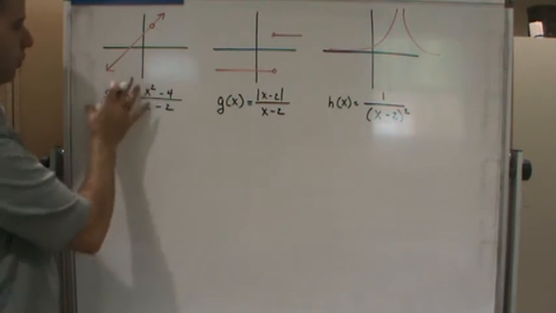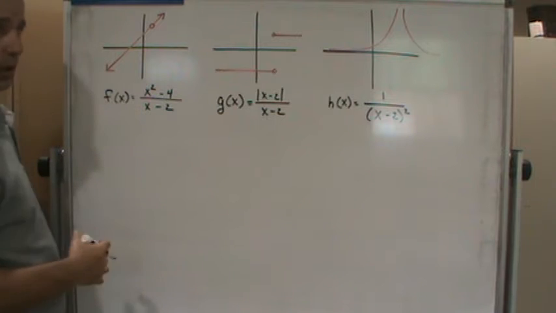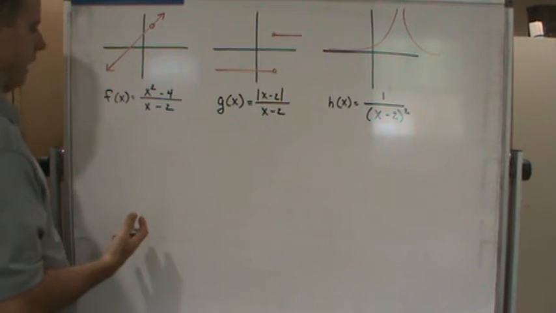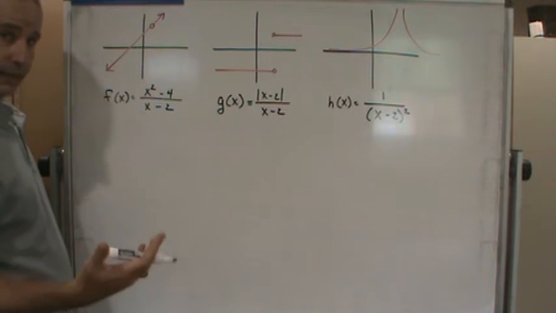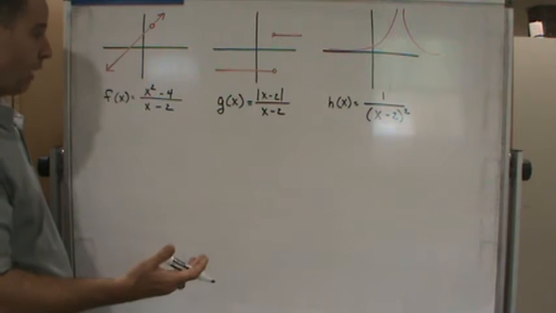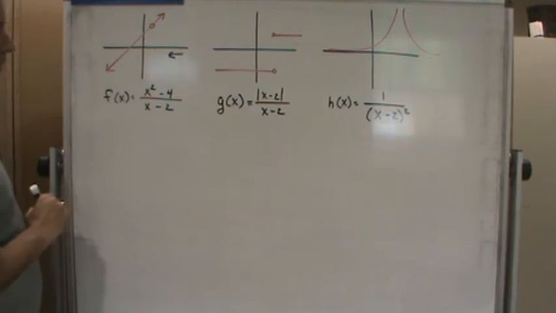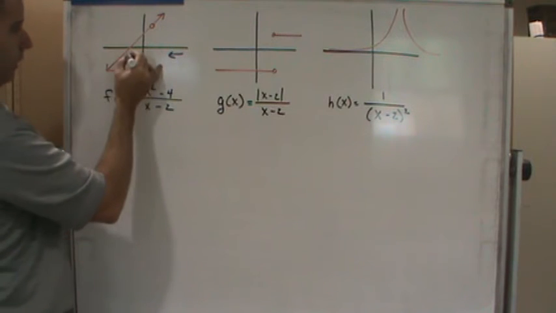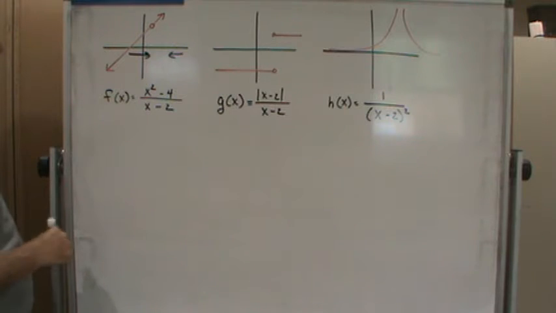So let's take the first one here. Let's ask ourselves, what is going on with this graph as we approach x equals 2 on both sides, on the left and the right? As we approach 2 from the right, and as we approach 2 from the left, what's going on?